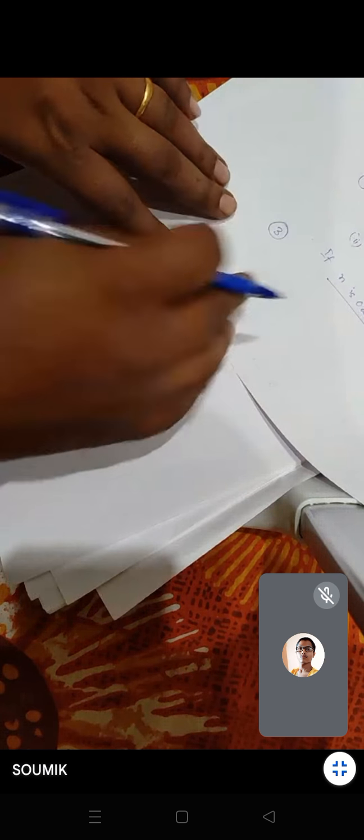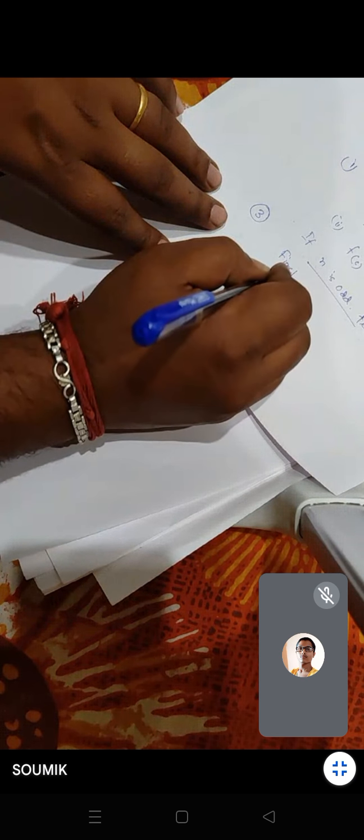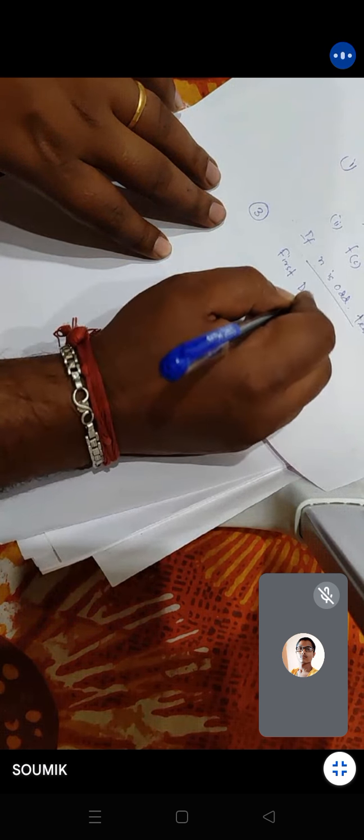Now third test is first derivative test. First derivative test টা কি বলছে?